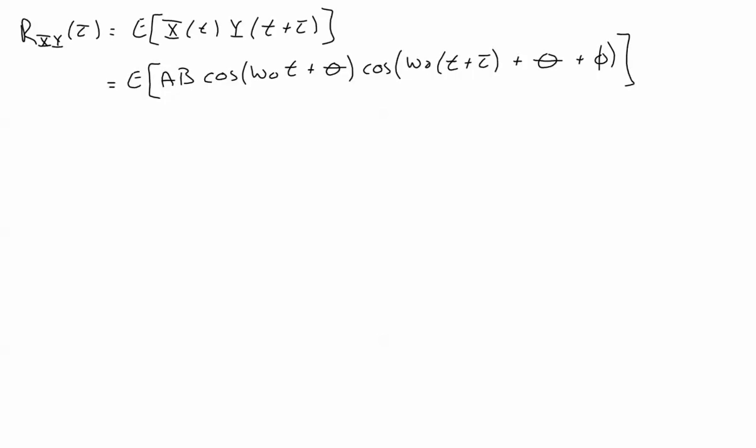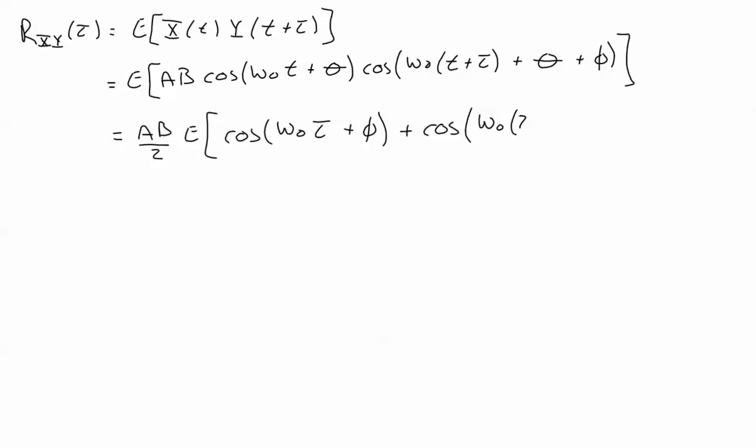Plugging in X and Y, I get that far. Simplify this, and I get AB over 2 times the expected value of cosine omega naught tau plus phase plus cosine omega naught 2t plus tau plus 2 theta plus phi.